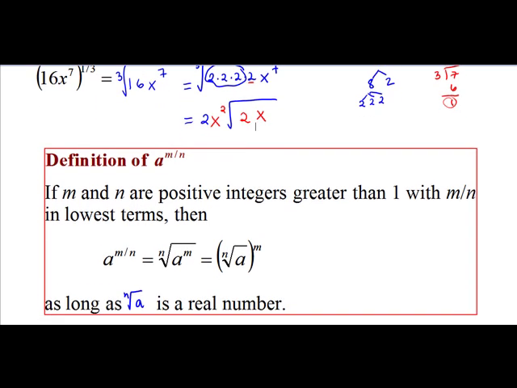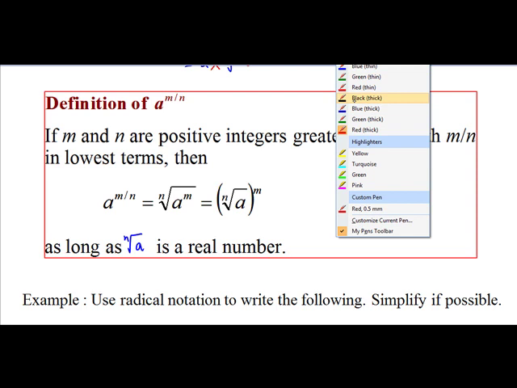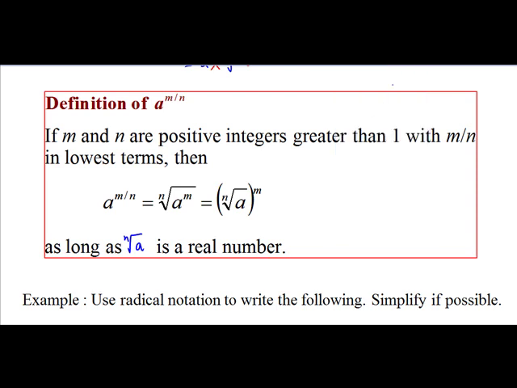Let's look at the next definition. If a to the m over n, and m and n are positive integers other than 1, then a to the m over n can be rewritten as the nth root of a to the m.